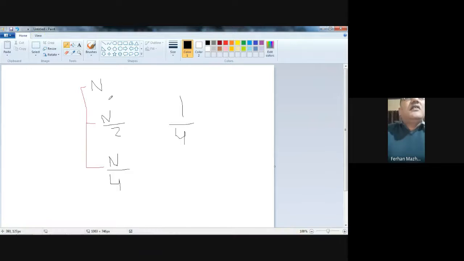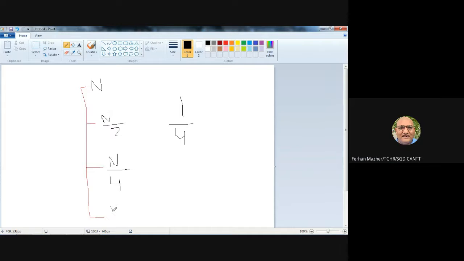It's very simple. When one half-life has passed, the thing will become half. Another half-life will pass, the thing will become 1/4. When another half-life will pass, the thing will become 1/8.